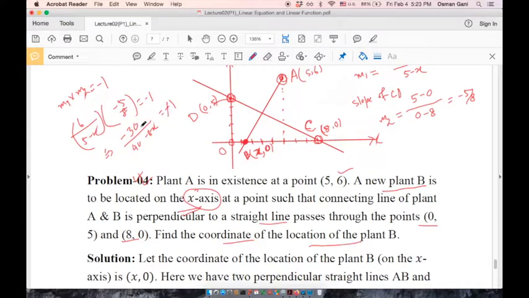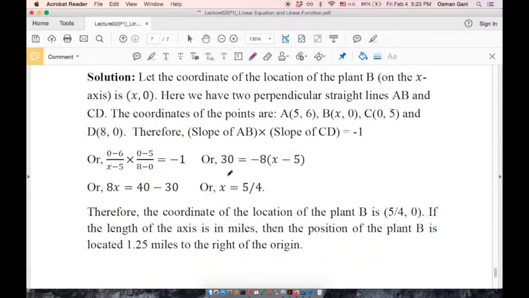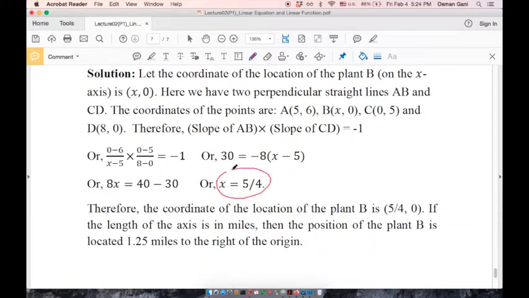You can cancel minus and minus. Therefore 30 is equal to 40 minus 8x, or 8x is equal to 40 minus 30, which is 10. Therefore x equals 10 by 8, which is equal to 5 by 4. So you see the result is the same, x equals 5 by 4.